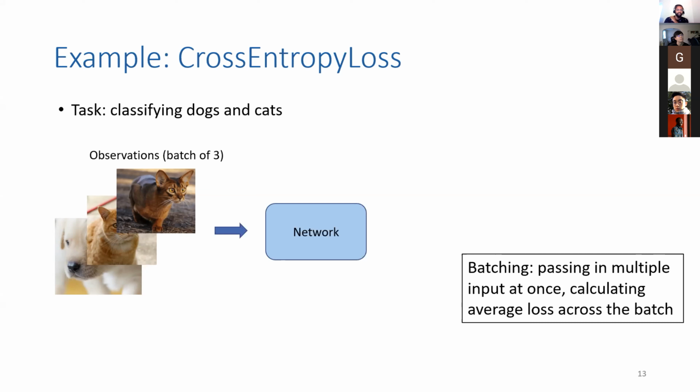Over on the left, you can see that I'm passing in a batch of 3 observations, which are these 3 pictures. A brief explanation of batches, because I've seen some questions about that on Piazza: the reason we train on batches, which is just multiple observations passed into the network at once, is that we're trying to get as representative a sample of the entire data set in at one time.